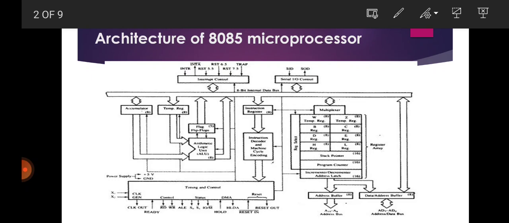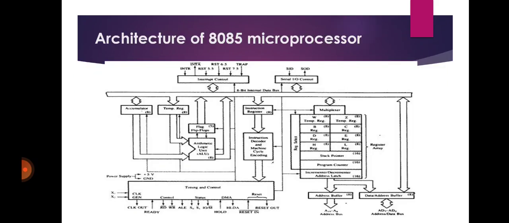This instruction can be 1 to 3 bytes long, and these registers cannot be accessed by the programmer. The decoder decodes the opcode and directs the controller to produce the necessary control signals. Down here it is shown as the instruction decoder, and it is used to decode the instruction, as I said earlier.